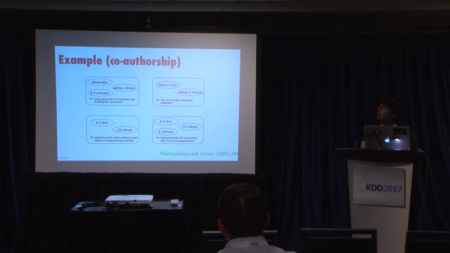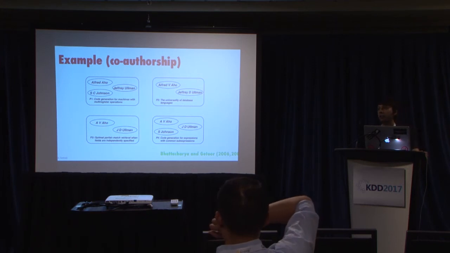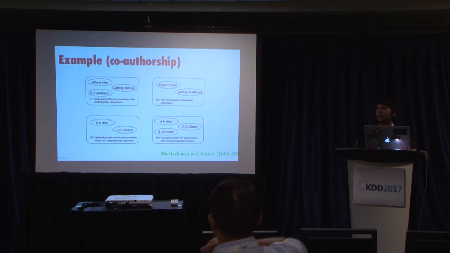If you look at these 4 papers that were published, they have a dependency: authors tend to collaborate with each other more frequently. It's not random, right? If author A collaborates with author B on some paper, chances are high that they're also going to collaborate on some other paper. So you see papers with Jeffrey Ullman and then Jeffrey D.